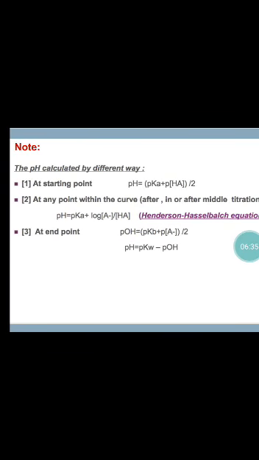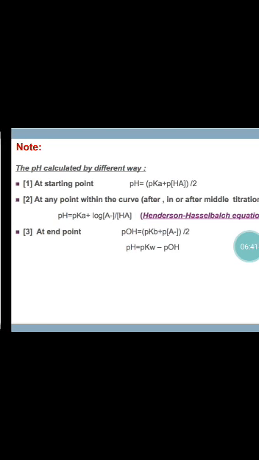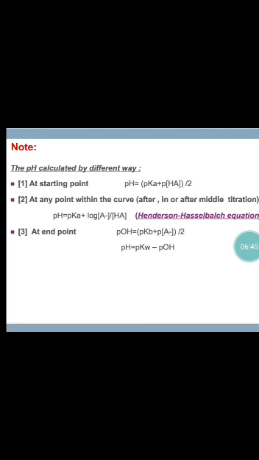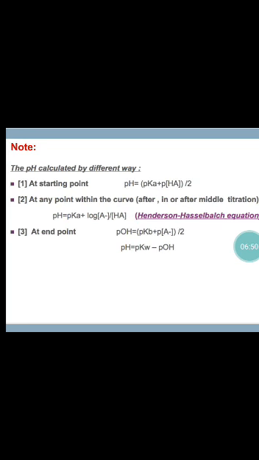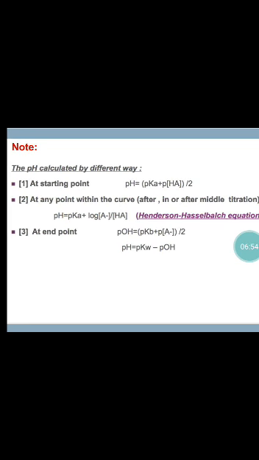The pH can also be calculated in a different way. At the starting point, pH is equal to pKa plus log of the ratio, and at any point within the curve after and in the middle of the titration, pH is equal to pKa plus log of base over acid. At the endpoint, pOH is equal to pKb plus log of the ratio. pH is equal to pKw minus pOH.